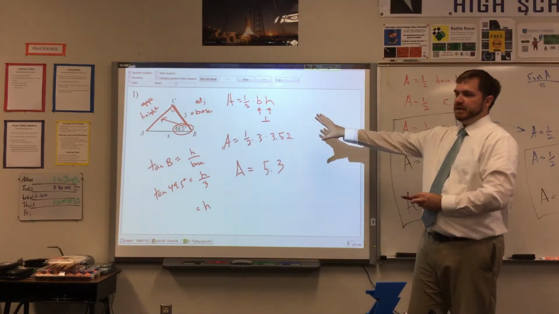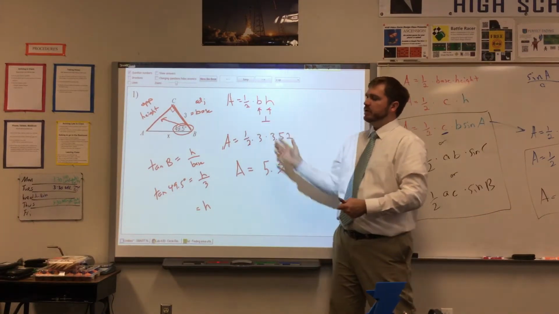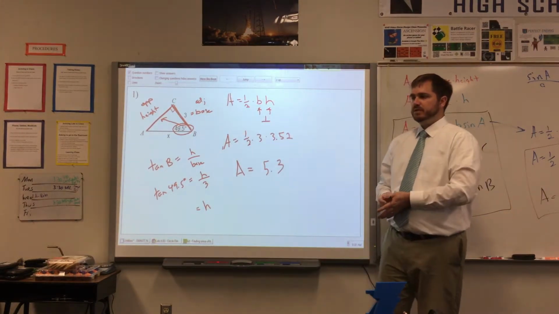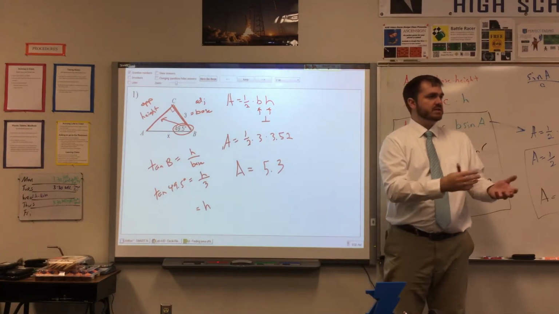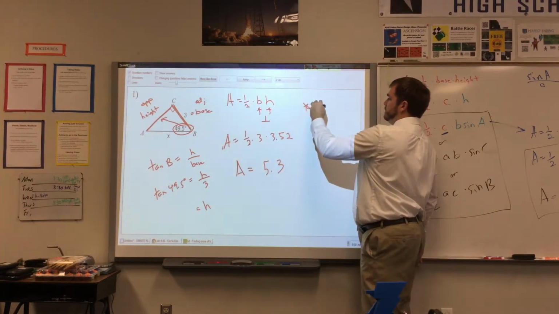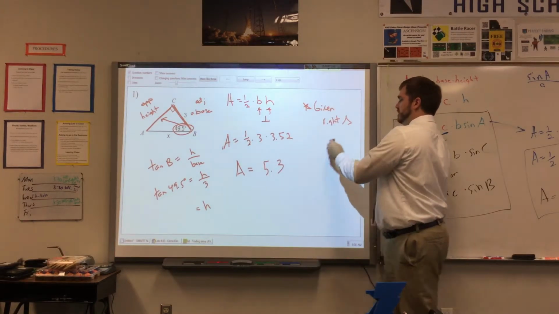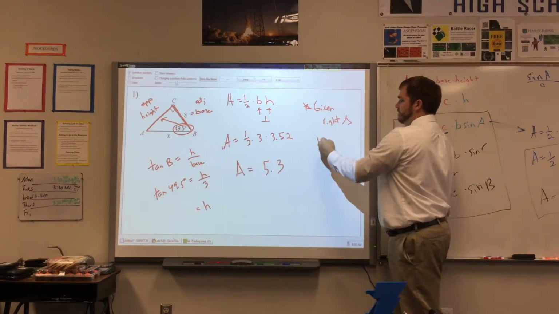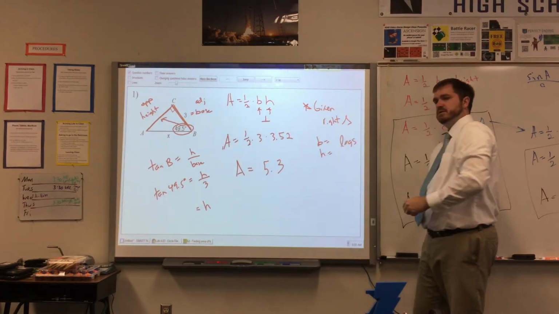Okay, I'm going to tell you right now, this is one problem. On your homework, there's going to be 3 or 4 of these. Sometimes you might need to use tangent, sometimes sine, sometimes cosine. But the trick is, and you can write this down if you want, given a right triangle, obviously you want the base and the height to be the legs.